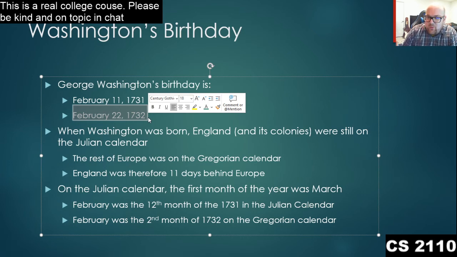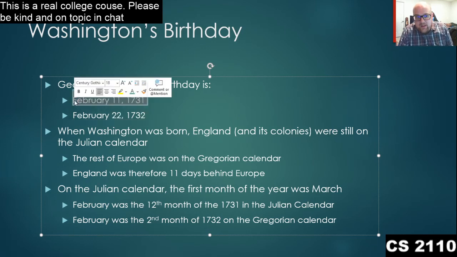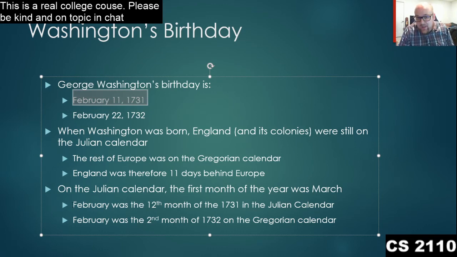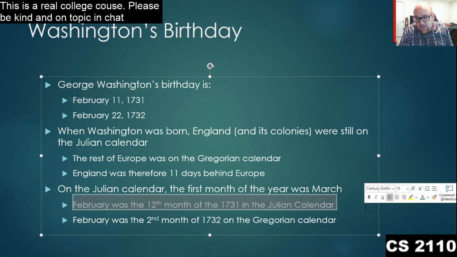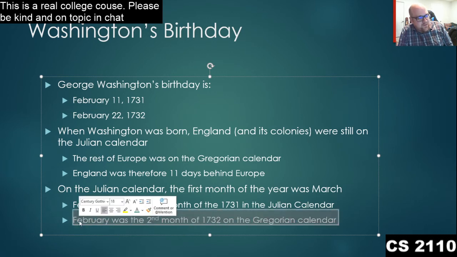He was born in an English colony, therefore he used the Julian calendar, so they were still in the year 1731 on February 11th. That's because February on the Julian calendar was the 12th month of 1731. March used to be the first month of the year. On the Gregorian calendar, February was the 2nd month of 1732.